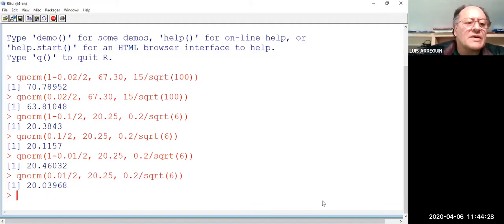So my lower limit is 20.03 and the upper limit is 20.46. So let's write that down and compute the margin of error for this exercise.